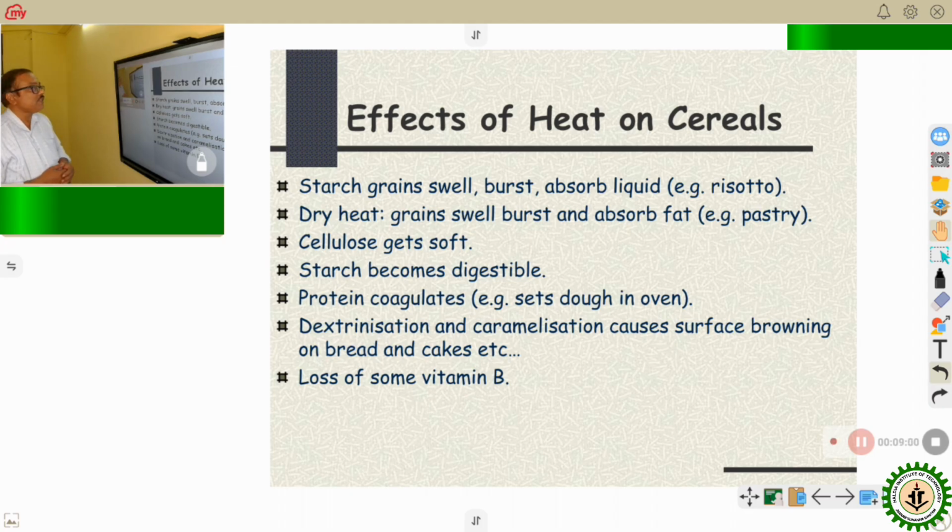Once the starch is gelatinized, it is no longer useful for bakery industries. The flour is no longer useful to produce different leavened products like bread. So heat treatment brings about that type of change. Dry heat is also harmful. Grains swell and burst and absorb fat.